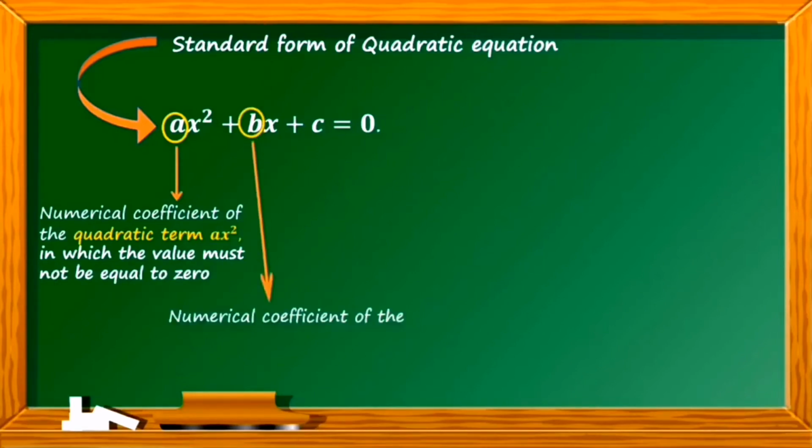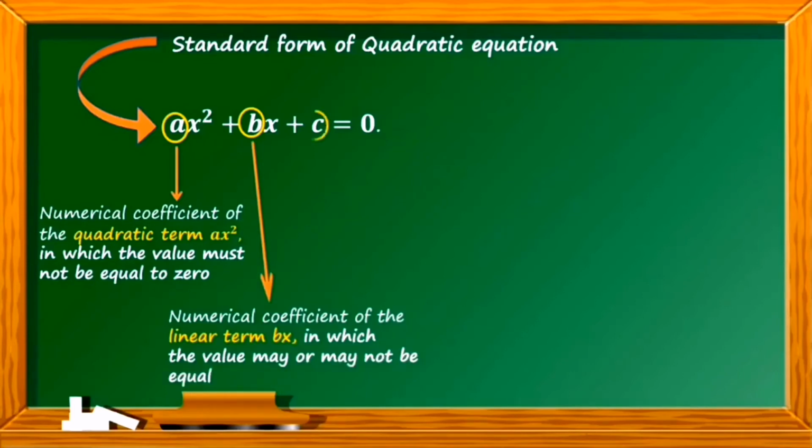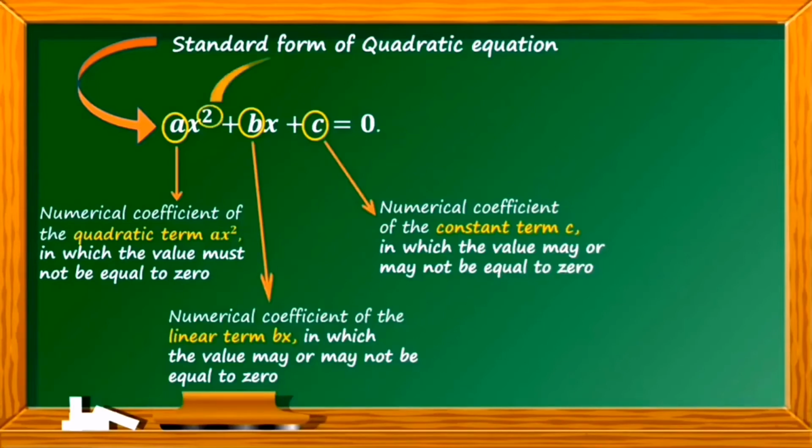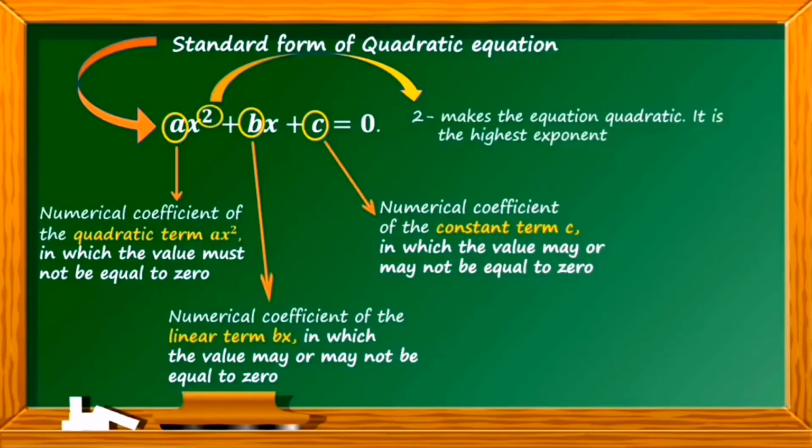Our b is the numerical coefficient of the linear term bx, in which the value may or may not be equal to 0. Our c is the numerical coefficient of the constant term c, in which the value may or may not be equal to 0. The exponent 2 is the reason why the equation becomes quadratic. It is the highest exponent of the variable.